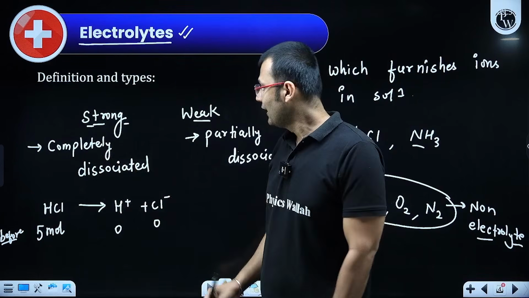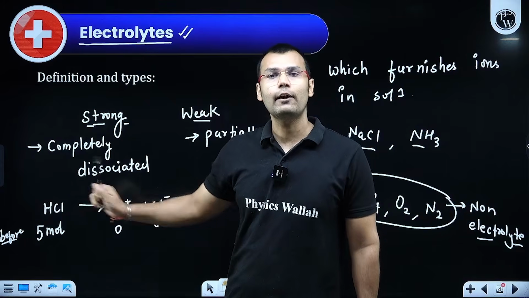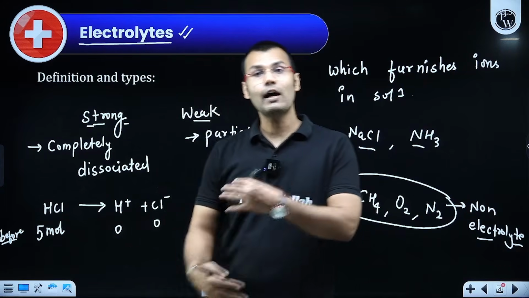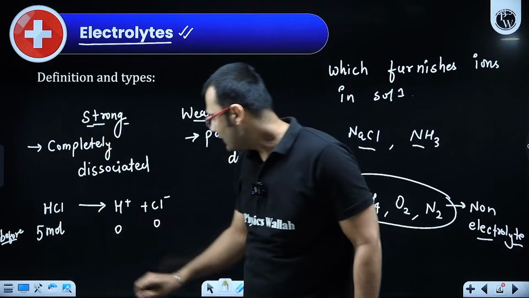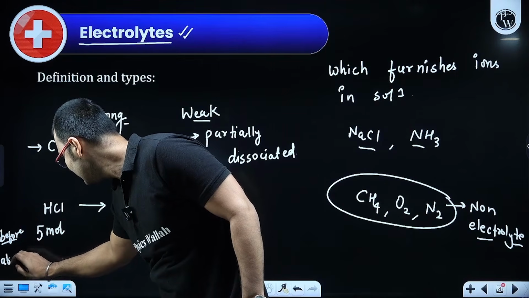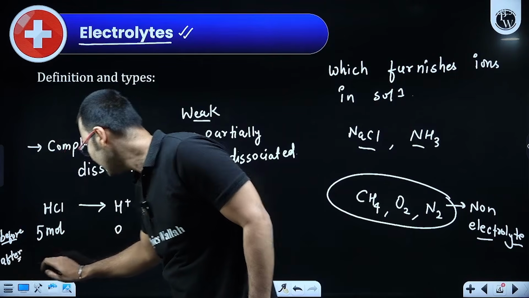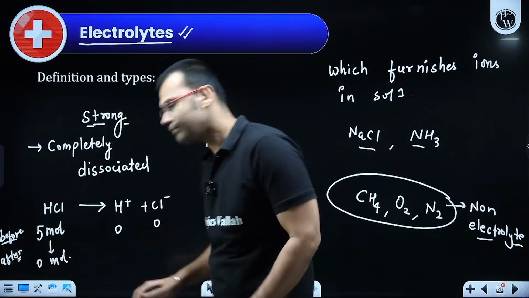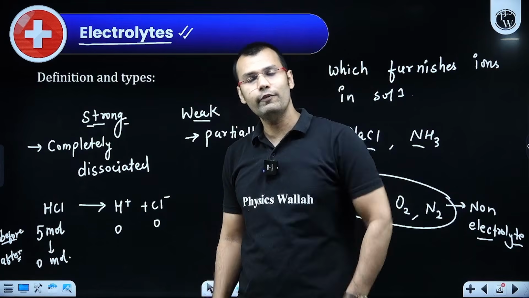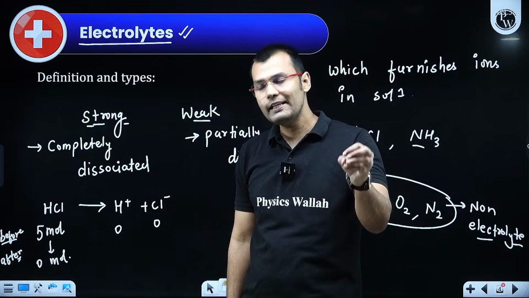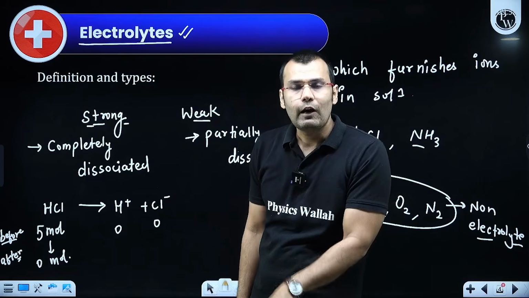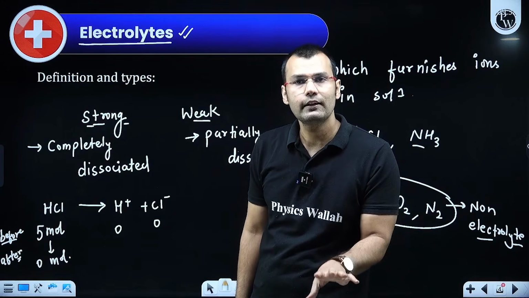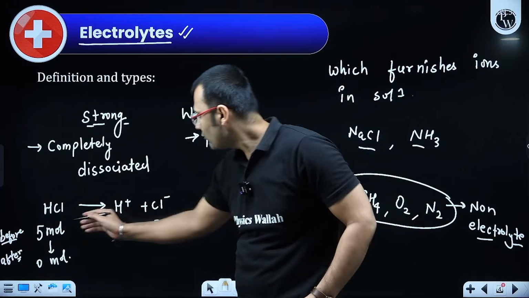Now, if I say that HCl is a strong electrolyte, that means whatever amount I take, the whole amount will dissociate. So finally, after dissociation, in case of HCl, this 5 moles will become 0 moles. Means all the 5 moles of HCl molecule will break, and finally I don't have any molecule in the solution. So the molecule will become 0.